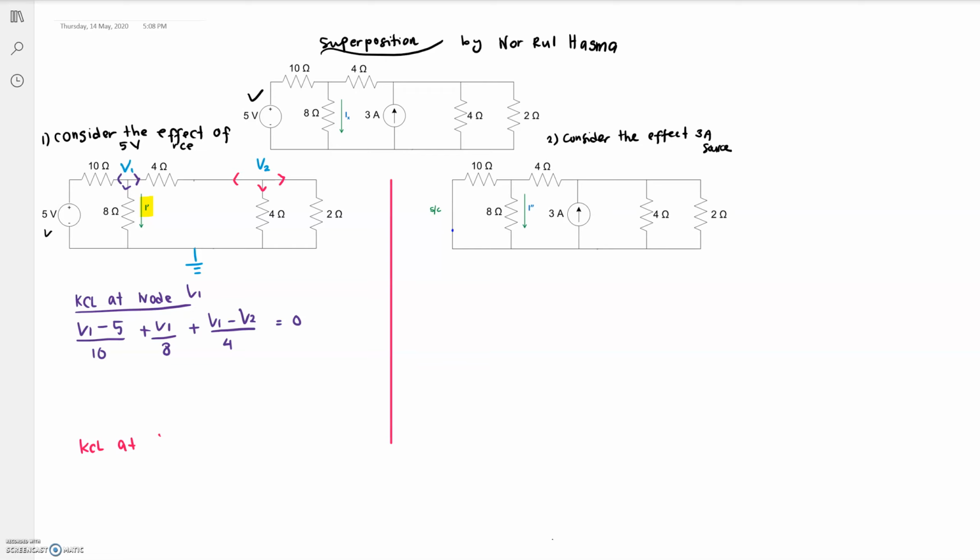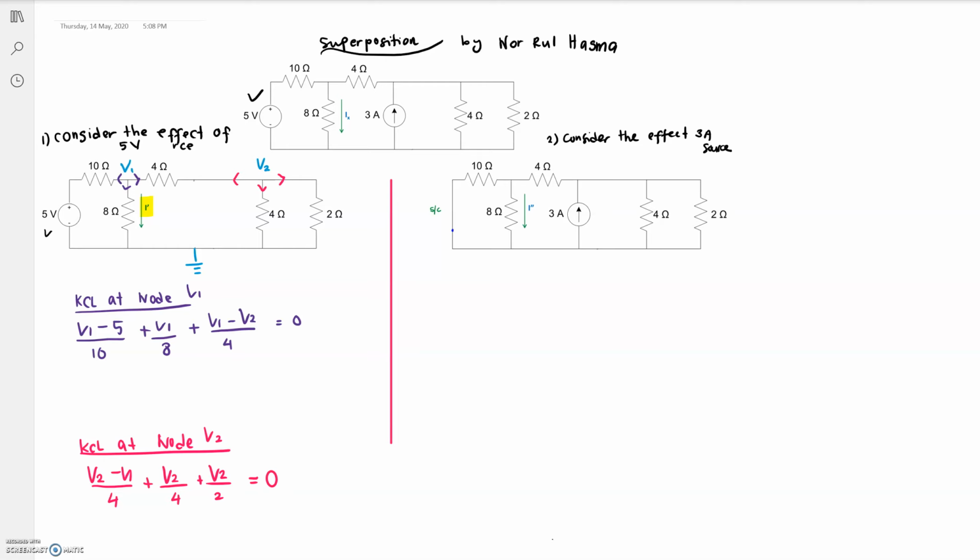KCL at node V2: V2 minus V1 over 4 plus V2 over 4 plus V2 over 2 equals 0.